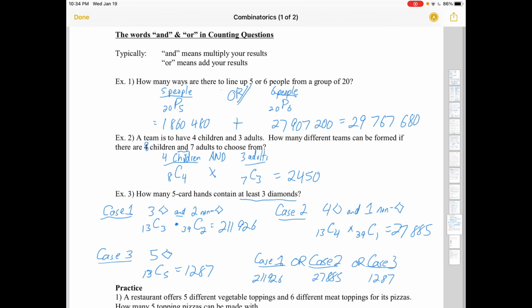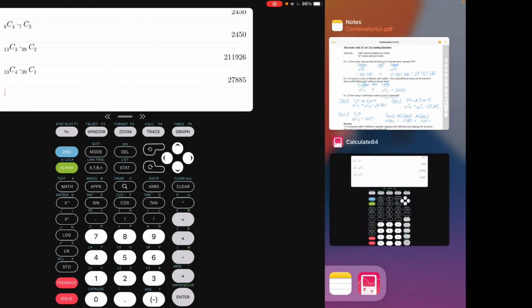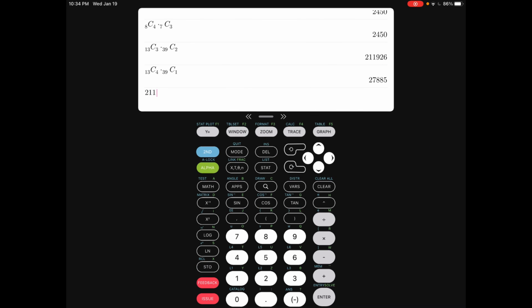You can't have both 3 diamonds and 2 non-diamonds, and 4 diamonds and 1 non-diamond at the same time. So it's one or the other or the other. That means since these are "or"s, we add them up. 211,926 plus 27,885 plus 1287 gives us 241,098 possible ways.